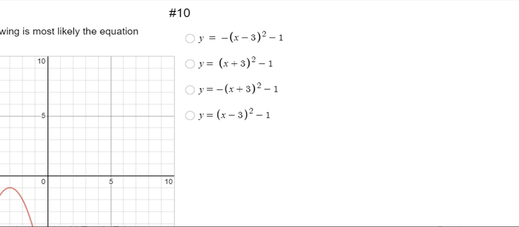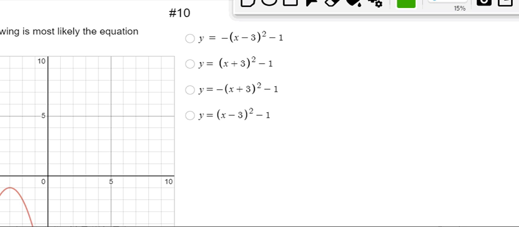We want to know the equation. All 4 of these are in vertex form, so we just need to match to our vertex. Where is our vertex? We have our vertex at -3, -1. So we know our x coordinate is going to go in with the x with the opposite sign, so we can rule out our -3s.